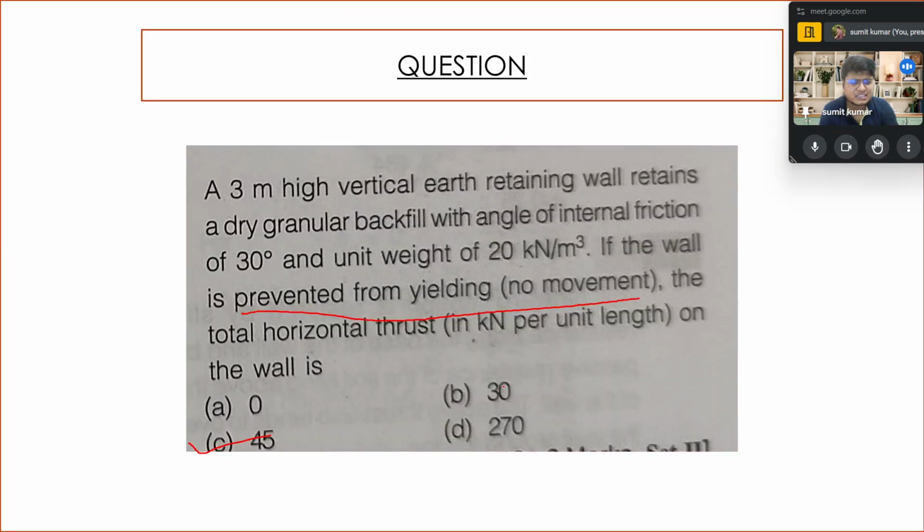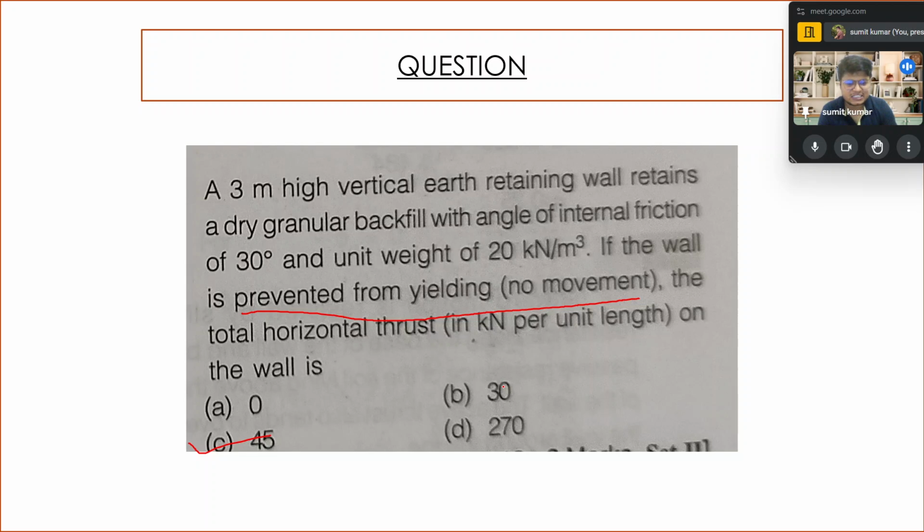They have written everything clearly, but if we miss the no movement or at rest part in one go, we could solve this problem as an active state condition. If you solve it as 1 minus sin phi by 1 plus sin phi, I think the option may be 30 or 270. I think 30 is what we will get if we calculate this question as the active state condition.